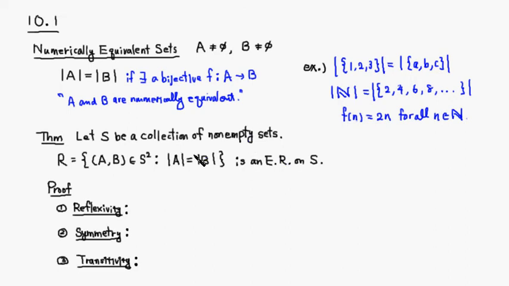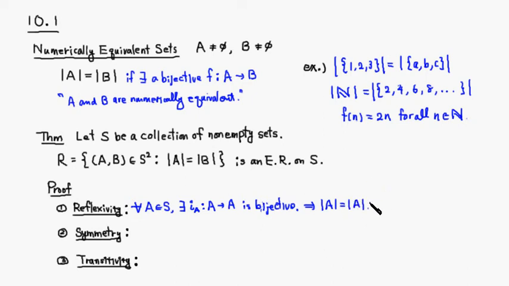Let's double check. We pick any set A from this collection of non-empty sets S. We know that there exists the identity function on A, and this is bijective, which means that A is numerically equivalent to itself.